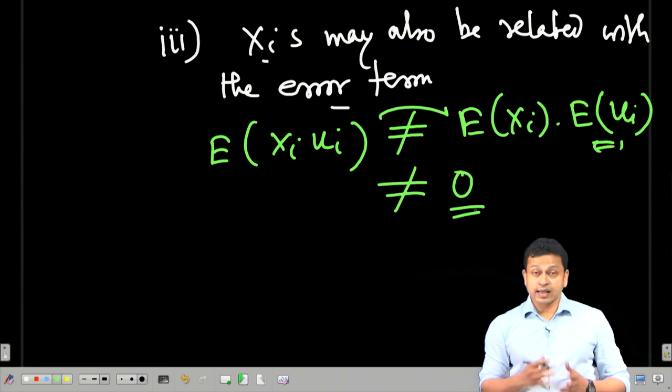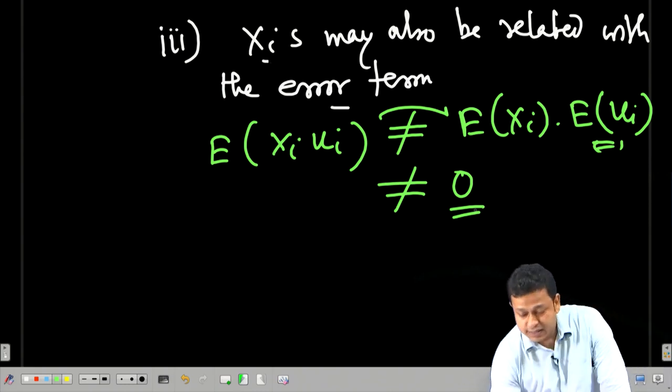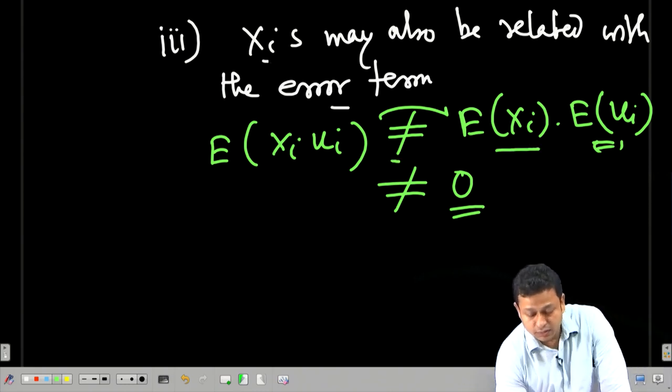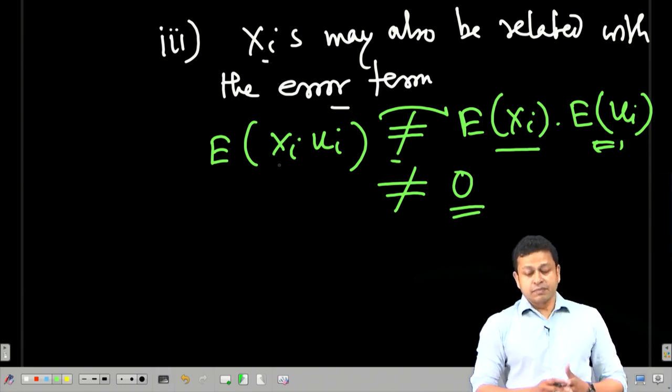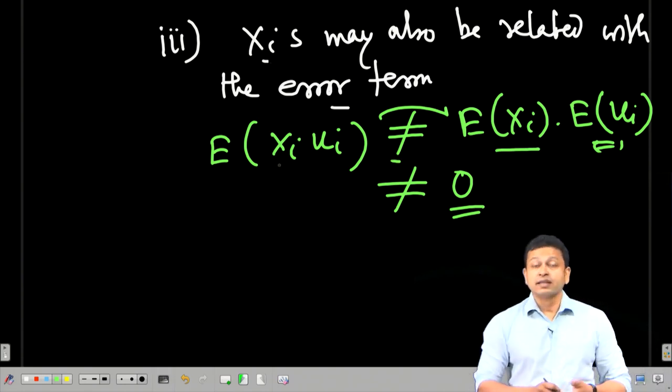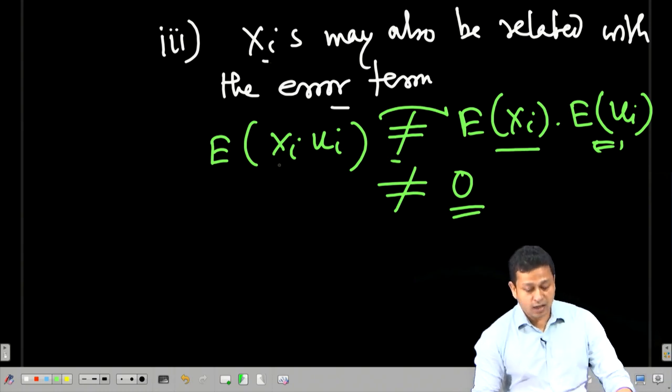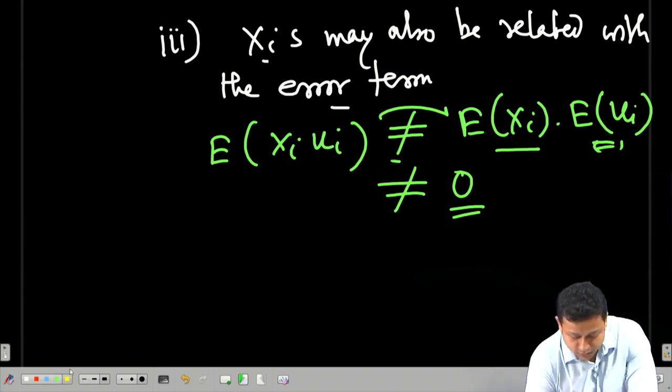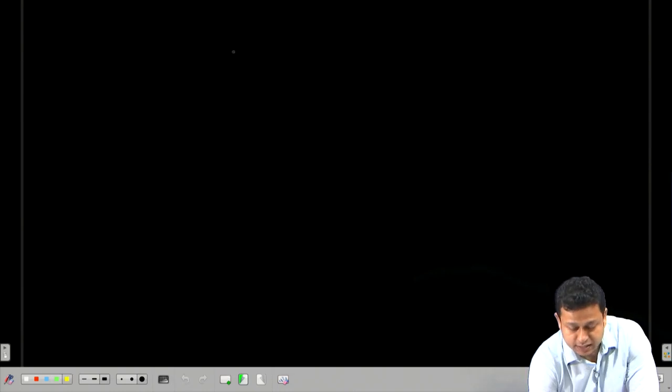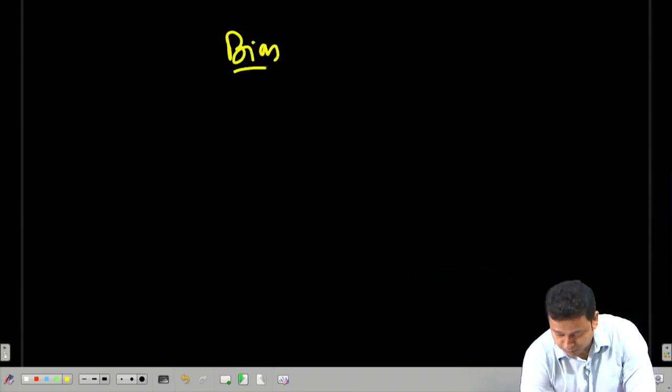Now, I claim that because they are not independent, because xi and the error term are covarying, the bias is going to exist. Let me derive the bias term, to see how the bias comes into play.